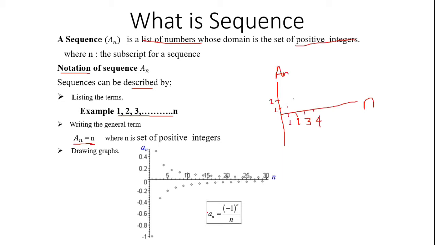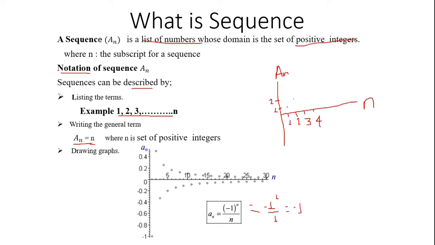For instance, for this example, (minus 1) to the power n over n, if we substitute 1, we obtain minus 1 to the power 1 over 1, that means minus 1. So you can see minus 1 here.